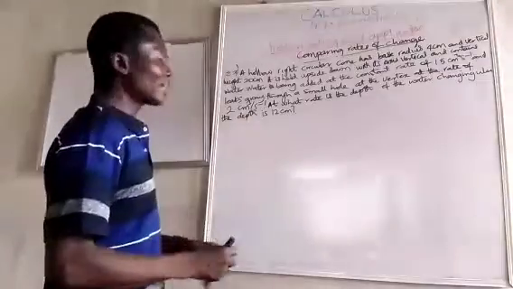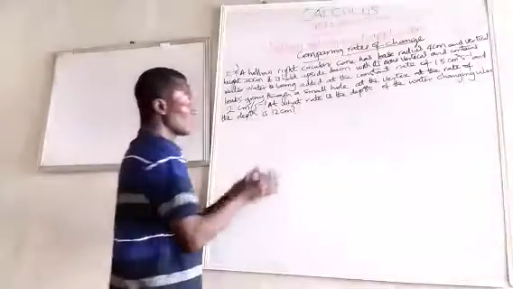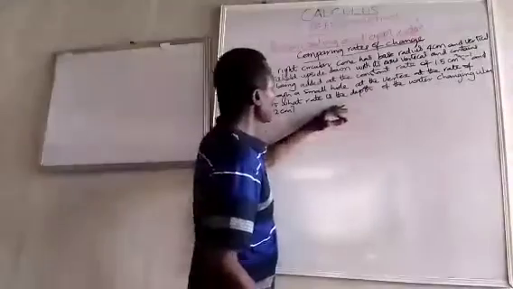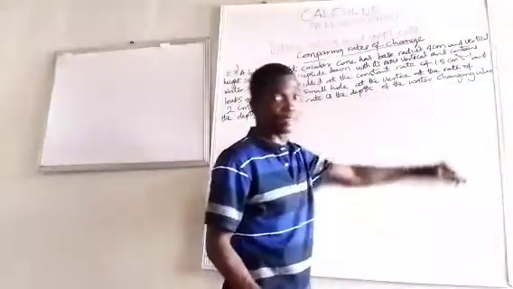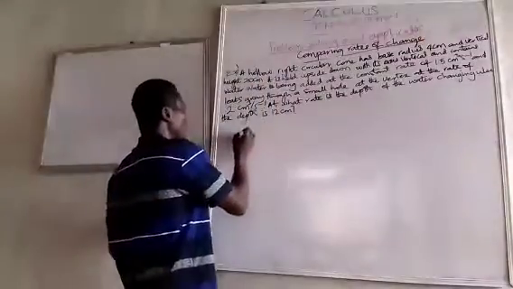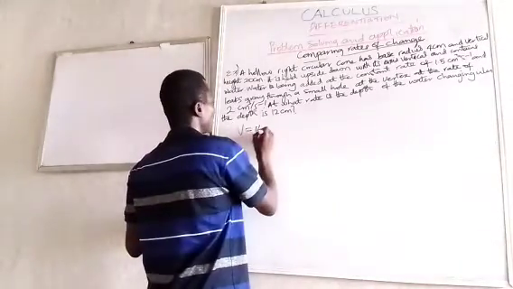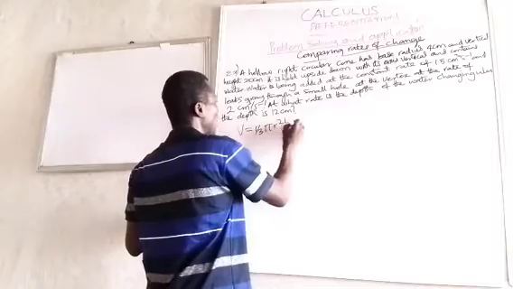I tried to show you what it will be like. For instance, we know the formula of the volume. They are asking us at what rate is the depth of the water changing. You know the relationship now that volume is equal to 1 over 3 pi r squared h.